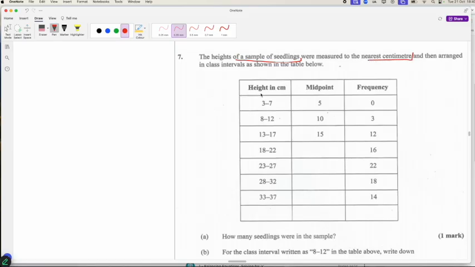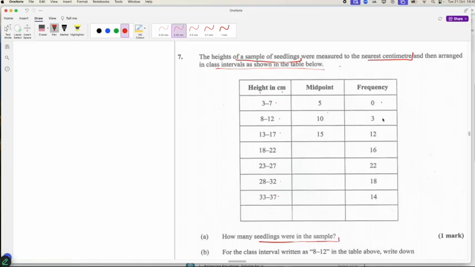I see height in centimeters. I see they have grouped data. I see in here that they had to find the midpoint, and they leave it blank for us to finish. And I see here that they give us frequency and then arranged in class intervals as shown in the table below. How many seedlings were in the sample?